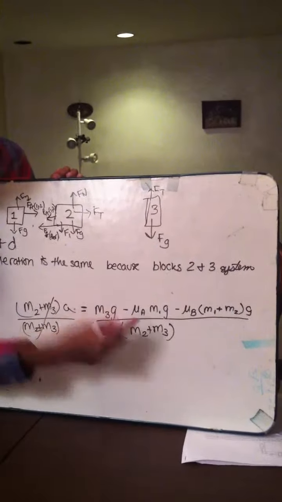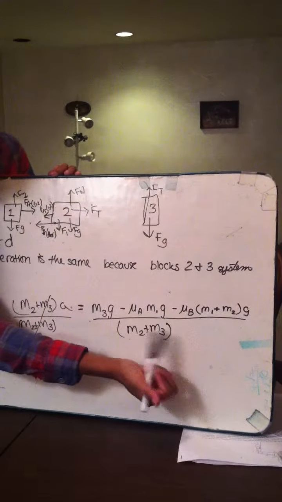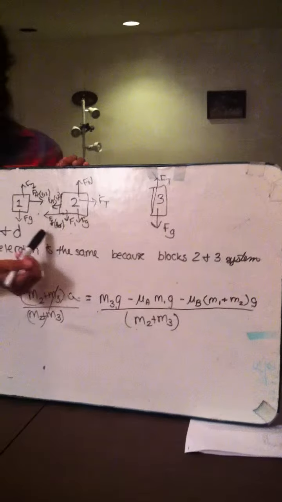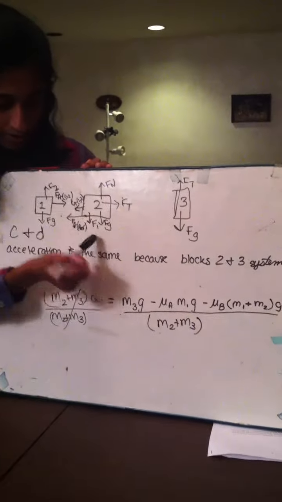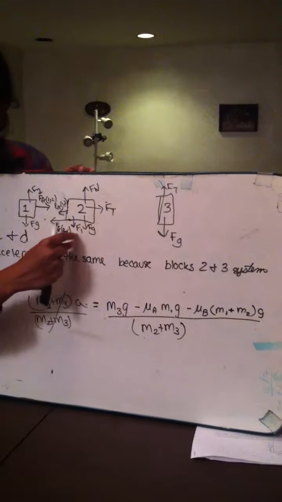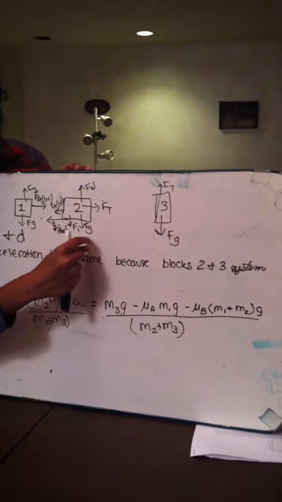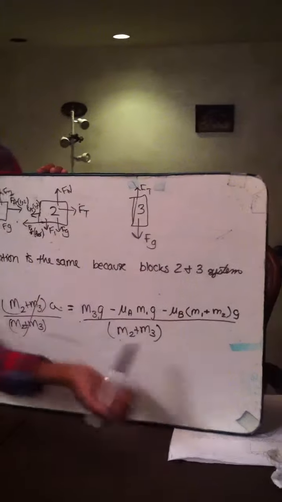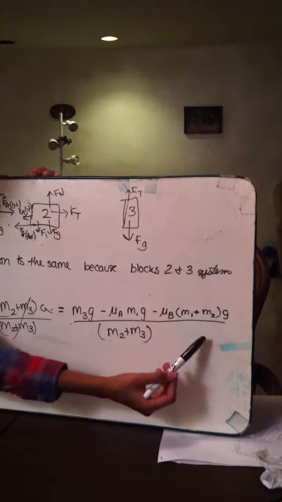This tension force is also being diminished by the kinetic friction force between the floor that box 2 is on and the box. So the normal force on the box is equal to the gravity of box 1 and the gravity of box 2. So it's (M1 + M2) times g, so you get that.